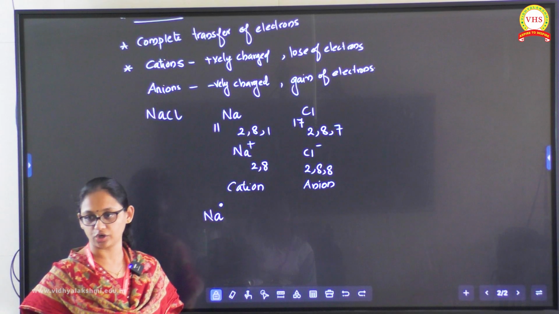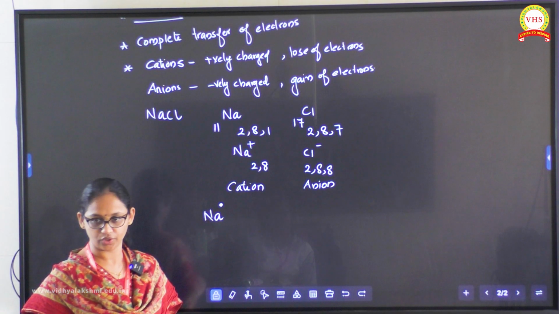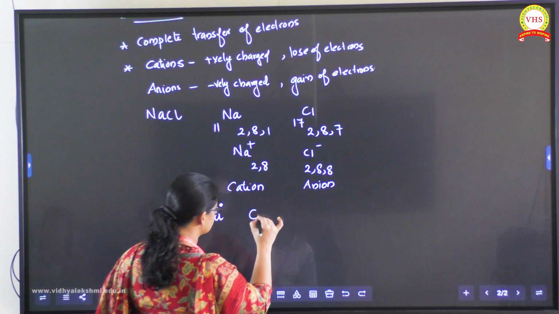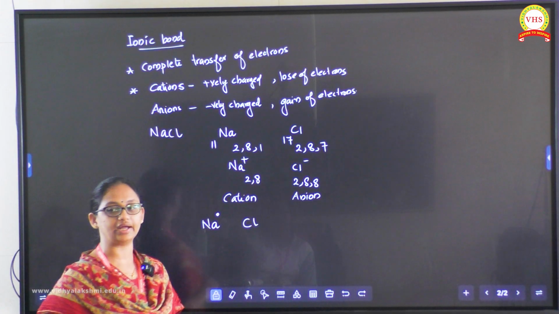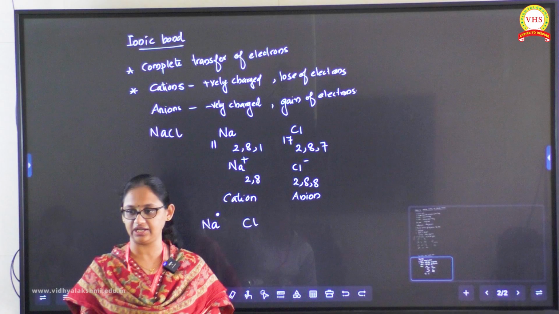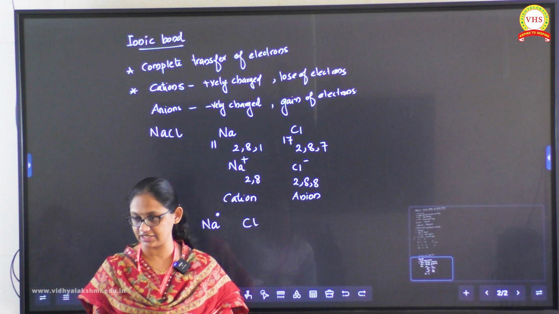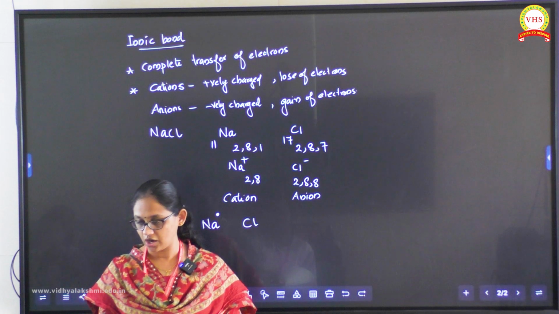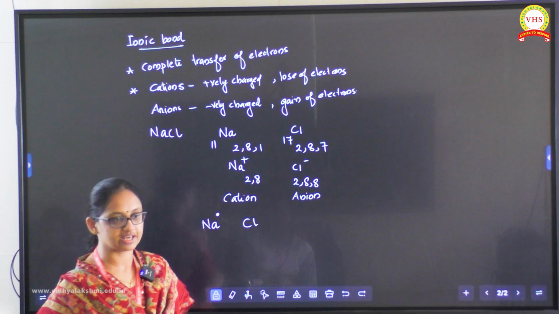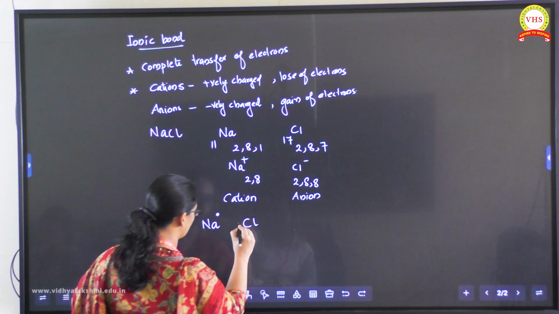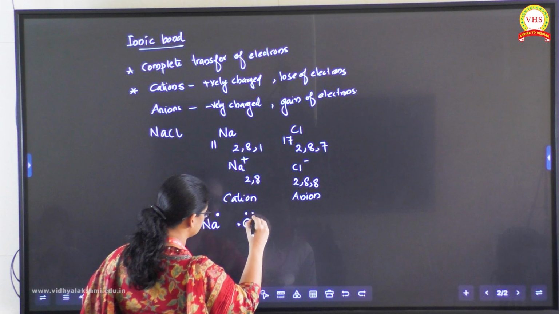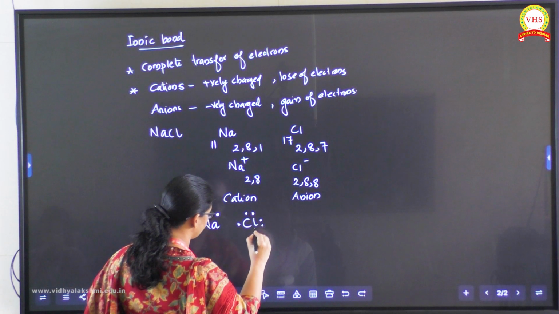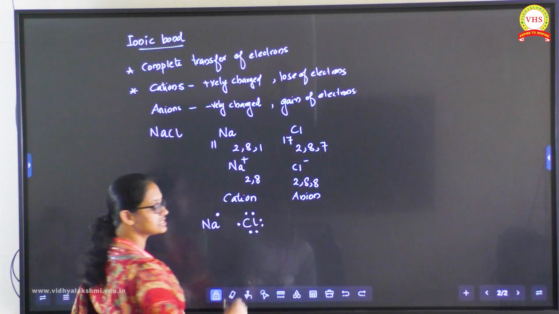This is the electron present in sodium. Next is chlorine. Chlorine atomic number is 17, electronic configuration is 2,8,7. How many electrons are there in the outermost shell? 7 electrons are there. So 1, 2, 3, 4, 5, 6, 7.